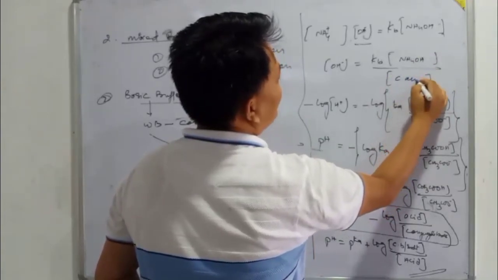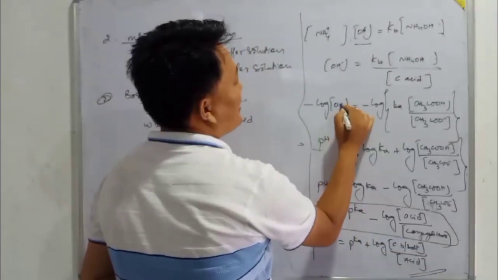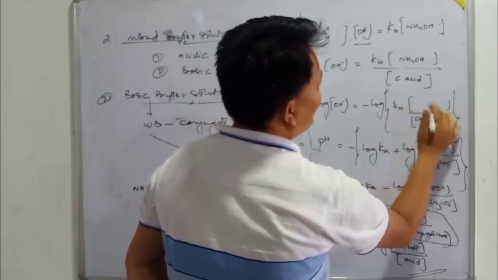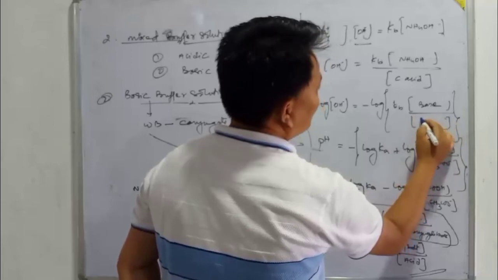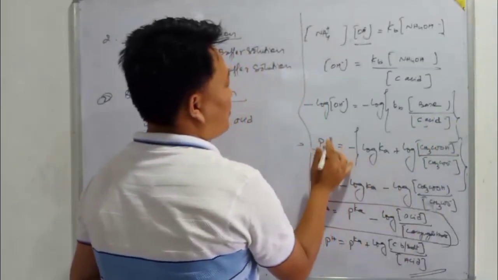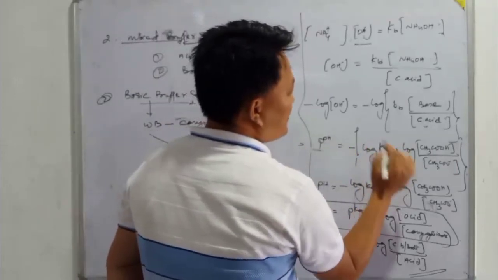Then minus log OH minus, then log Kb, and here is the base, and here the conjugate acid. And here the pOH, as Kb will be here.